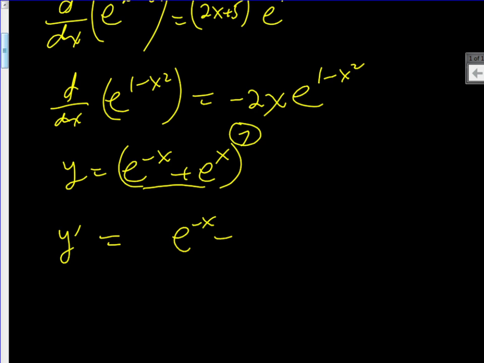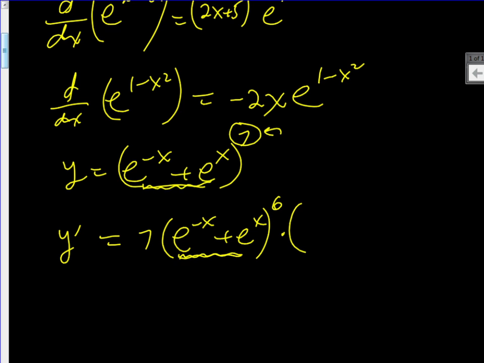You keep the function the same, bring down the power, make the power 1 less. Remember, that power can only be a real number, not a function of x. Okay, so you brought down the power, you made the new power 1 less, and like always, you take the derivative of what's inside. You can look here or here. They better be the same.